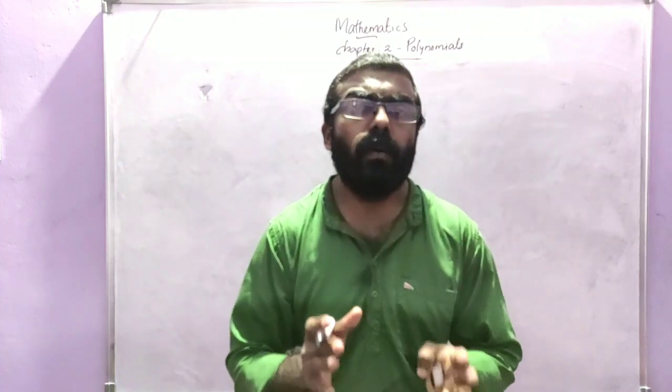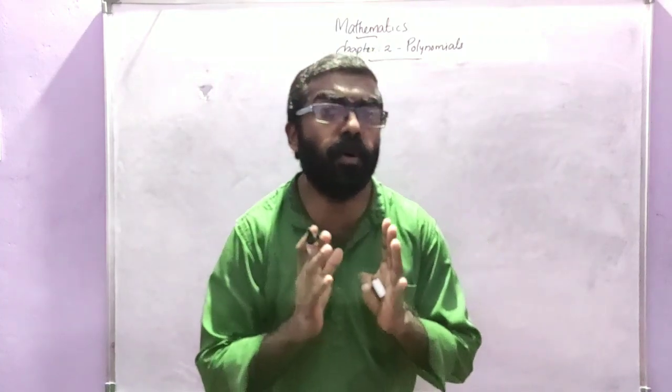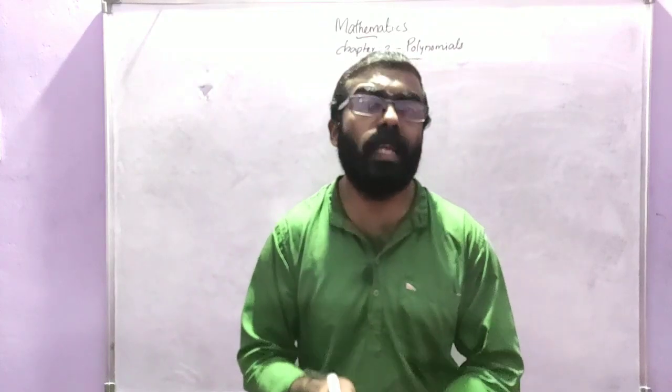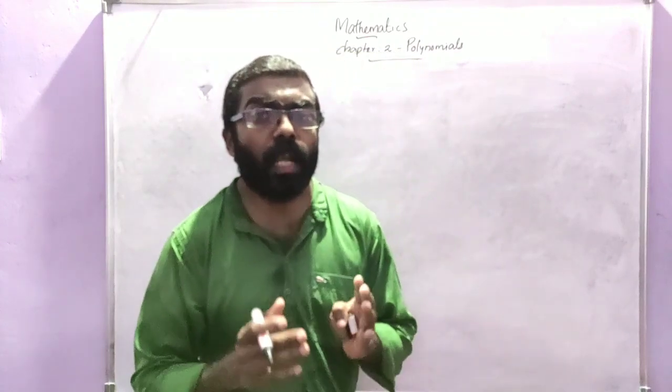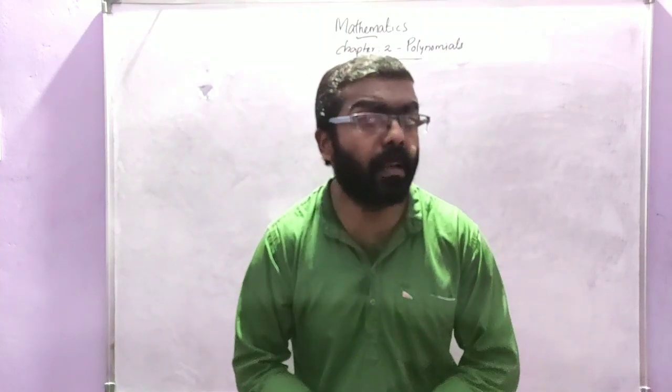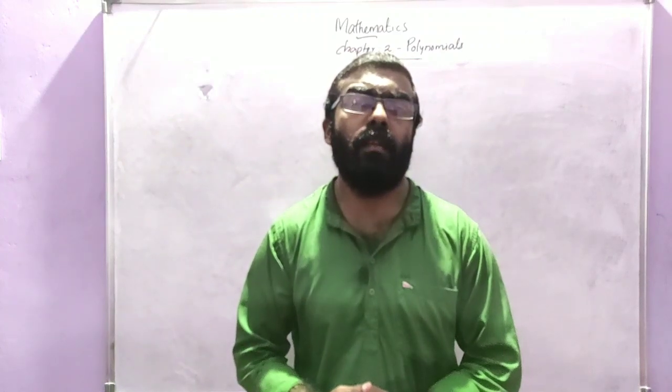Understood? Now that you have seen what a polynomial of degree 1, degree 2 or degree 3 looks like, can you write down a polynomial in one variable of degree n for any natural number n?